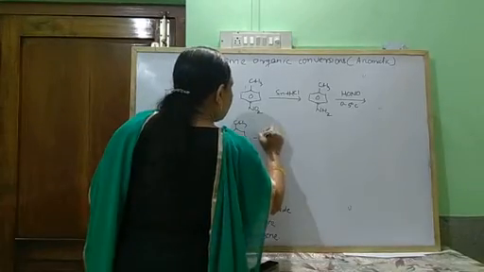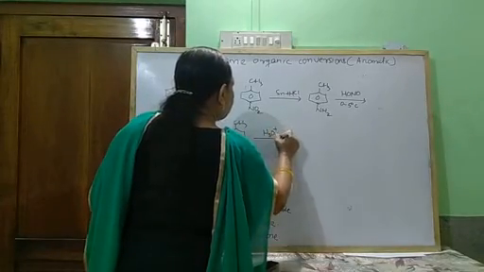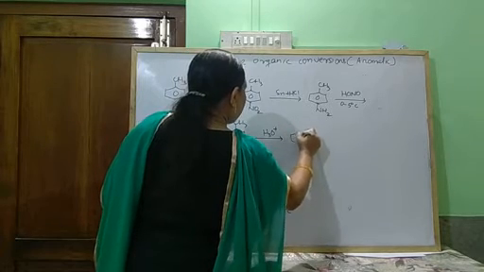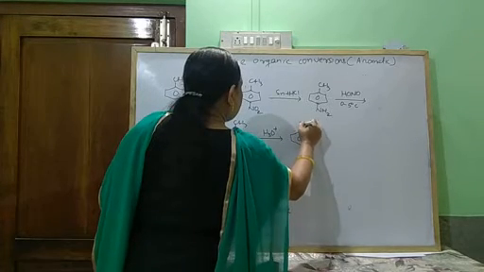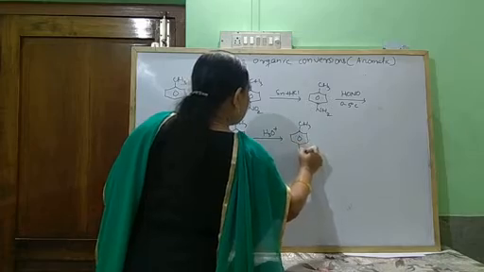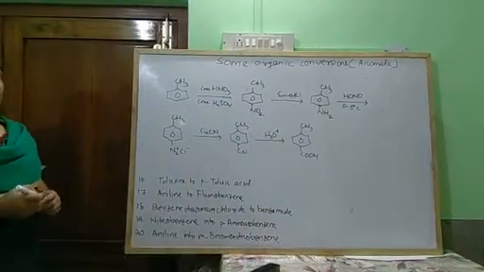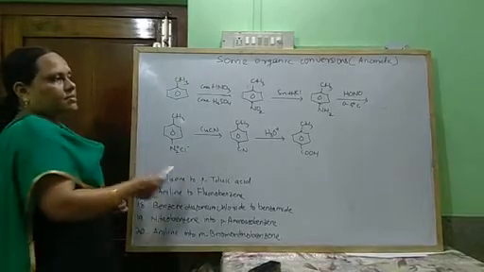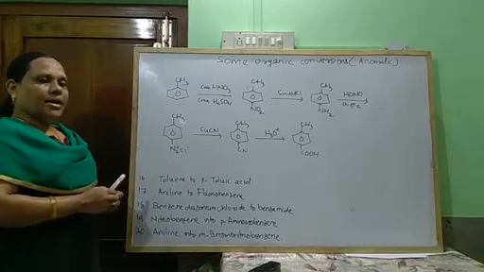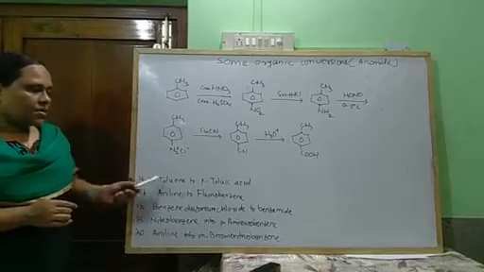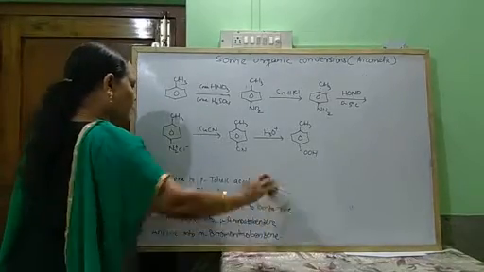This then undergoes complete hydrolysis. It forms para-toluic acid. So in this way, it forms para-toluic acid. This is toluene to para-toluic acid.